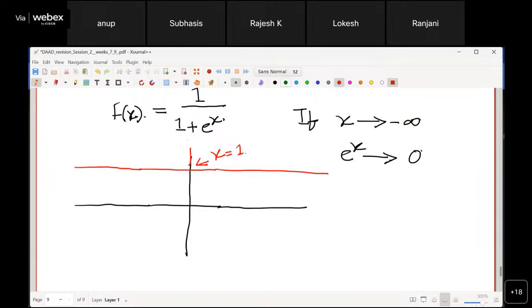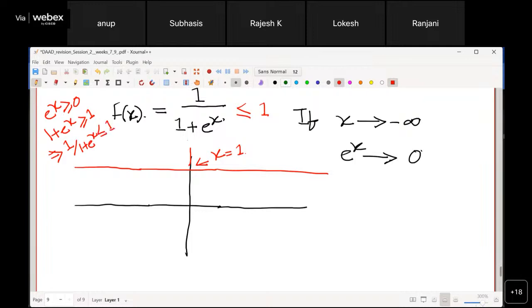One more thing, you can see that this f of x is always less than or equal to 1, right? Is it very much clear to you why? Yes, because e power x is always positive, so the denominator is always greater than 1. If you take the reciprocal, 1 by 1 plus e power x is always less than or equal to 1.